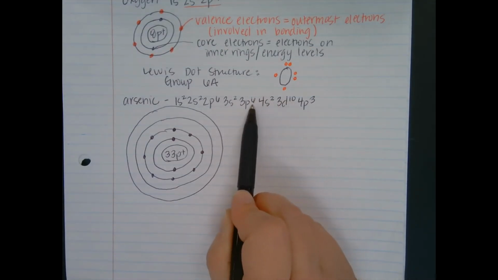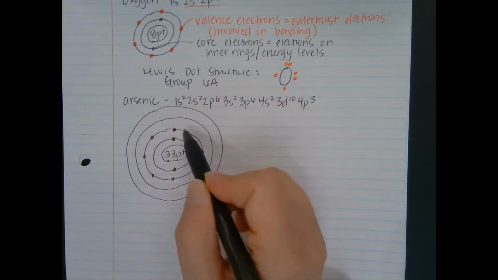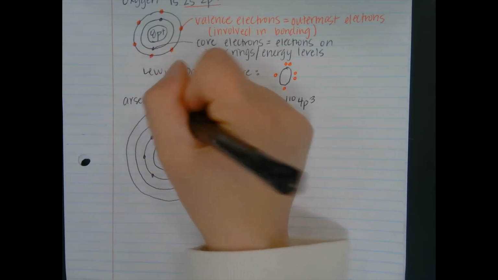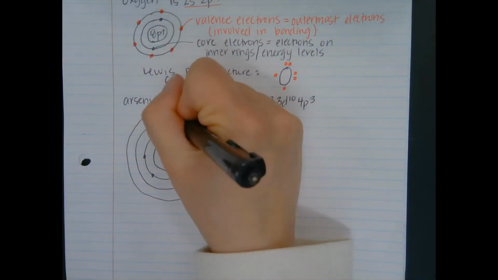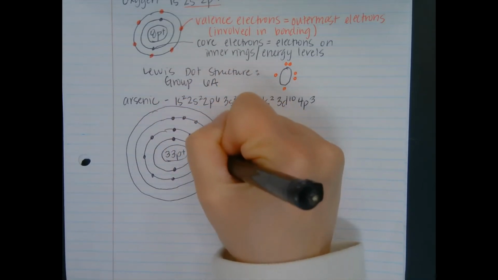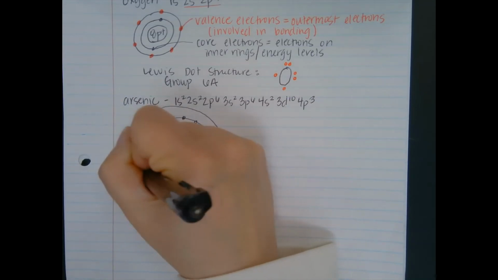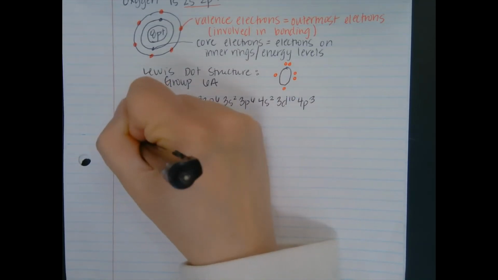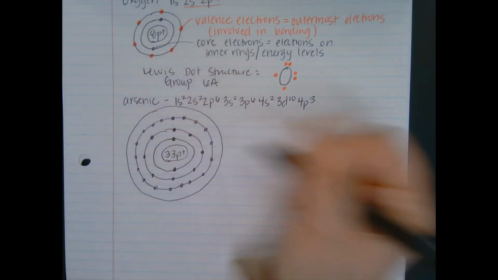So 10 plus 6 plus 2 is 18. So on that third energy level, I'm going to draw 18 dots that represent 18 electrons on the third energy level.